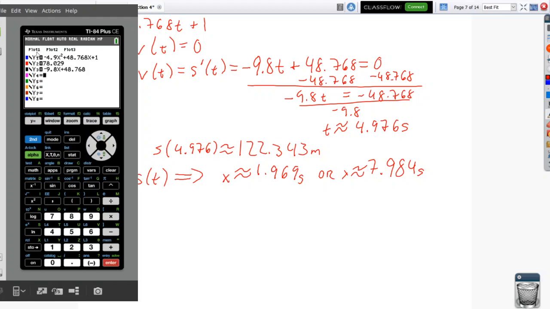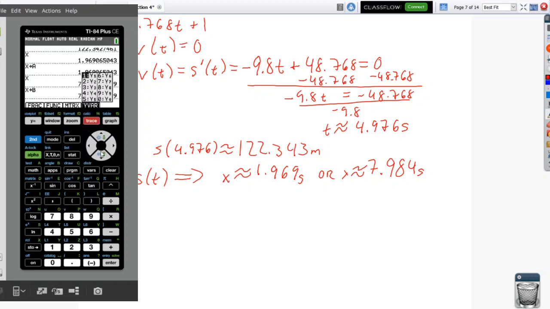And since I've plugged that in as y3, I can now go to my home screen and find out that the velocity at 1.969 is y3 of A. So I stored that in as A.